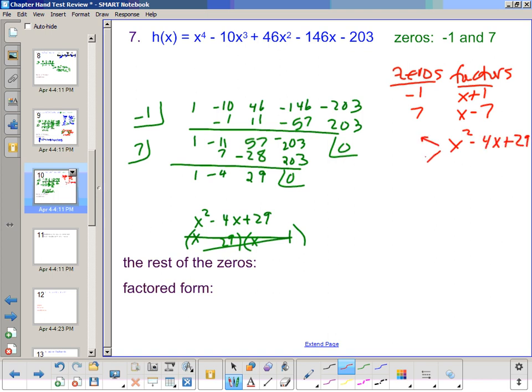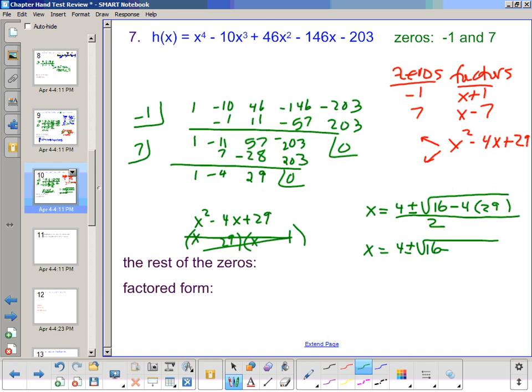And now we can use the quadratic formula to find the two zeros that go with this quadratic. So x equals minus b plus or minus the square root of b squared minus 4 times a times c all over 2a. So x equals minus 4 plus or minus the square root of 16 minus 116 all over 2.